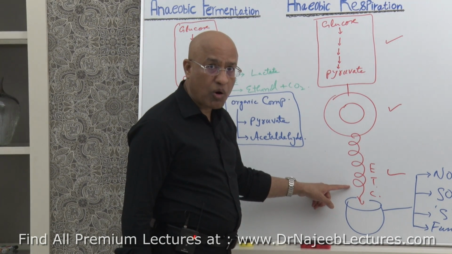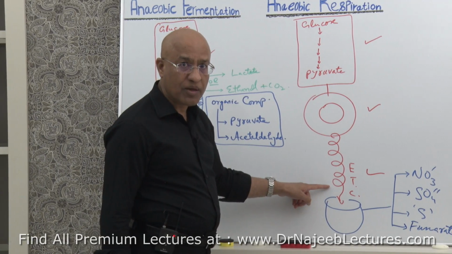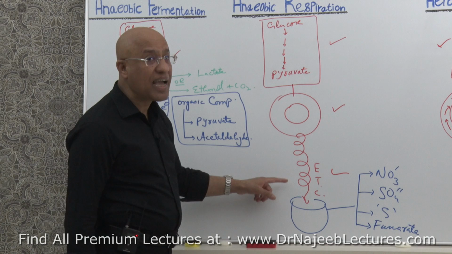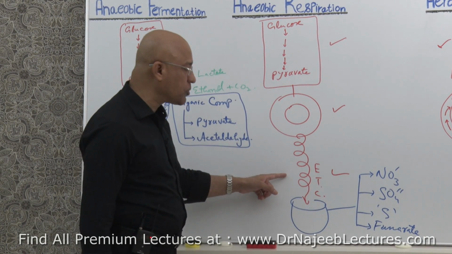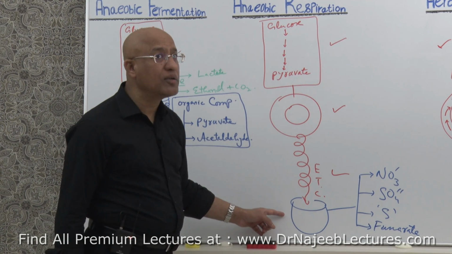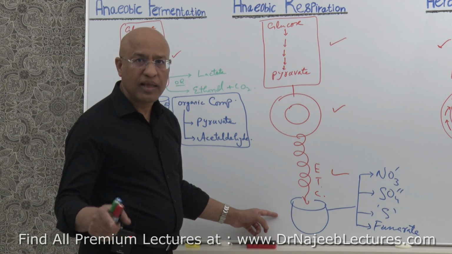So it is much better evolved as compared to fermentation. But still it is considered an anaerobic mechanism, even though it has glycolysis, Krebs cycle, and electron transport chain, because it is not using oxygen as a terminal electron acceptor.